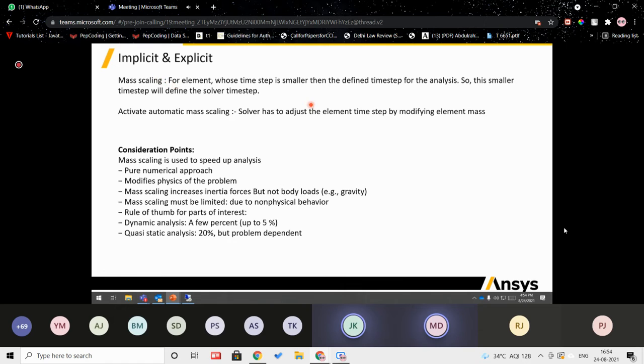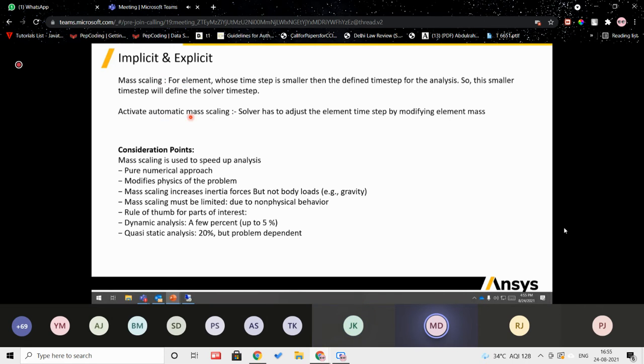Let's suppose you have done some analysis and you have this much resources, and you want to complete this simulation within this time frame. Then you get some idea that the time step of this analysis should be this much. If your element time step is lesser than the one you have decided, then you activate mass scaling.